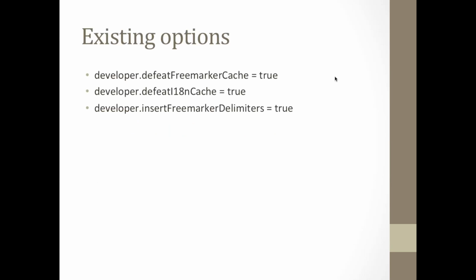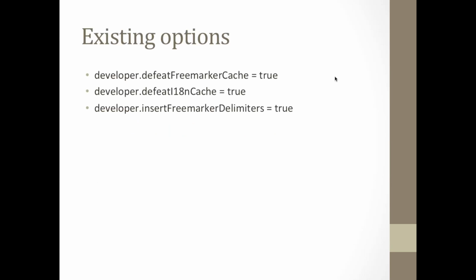So as a developer, if you make changes and then quickly try to load the page and see what happens, you see that your change didn't have any effect until you've waited at least a minute, and then it does have an effect. So this was put in there to say, just defeat the cache. So every time you bring up a page, every one of those templates is loaded from scratch from the disk. And again, this can slow you down, but for a developer, it may very well be what you want.